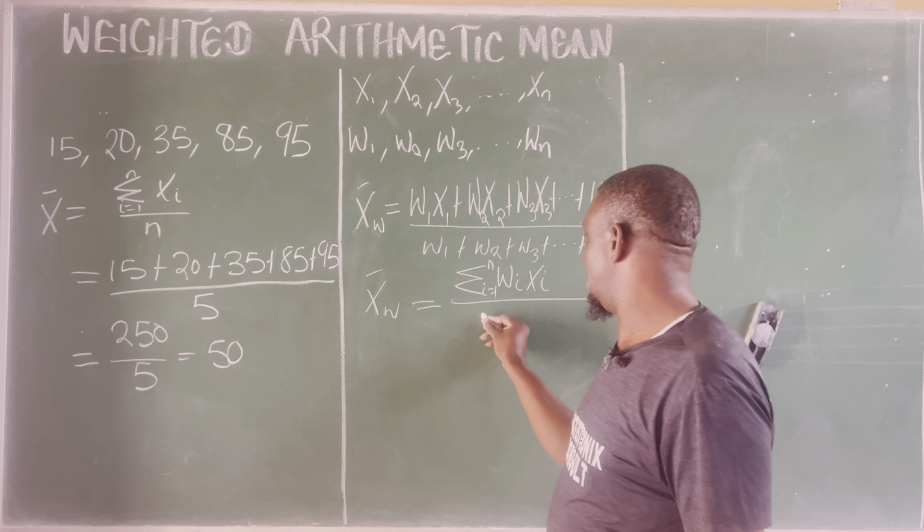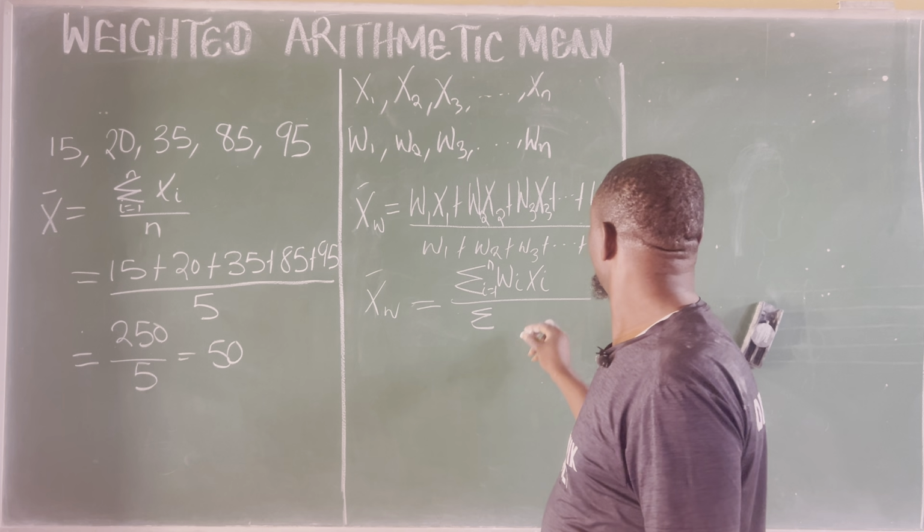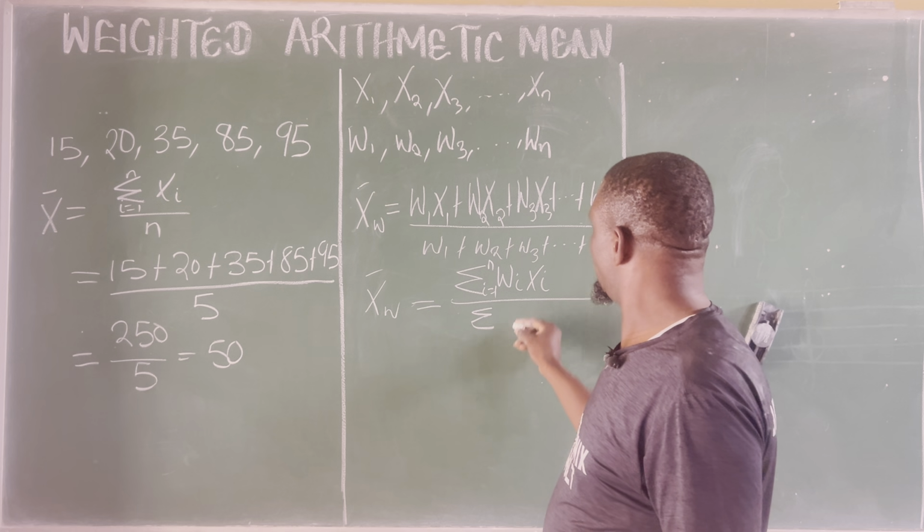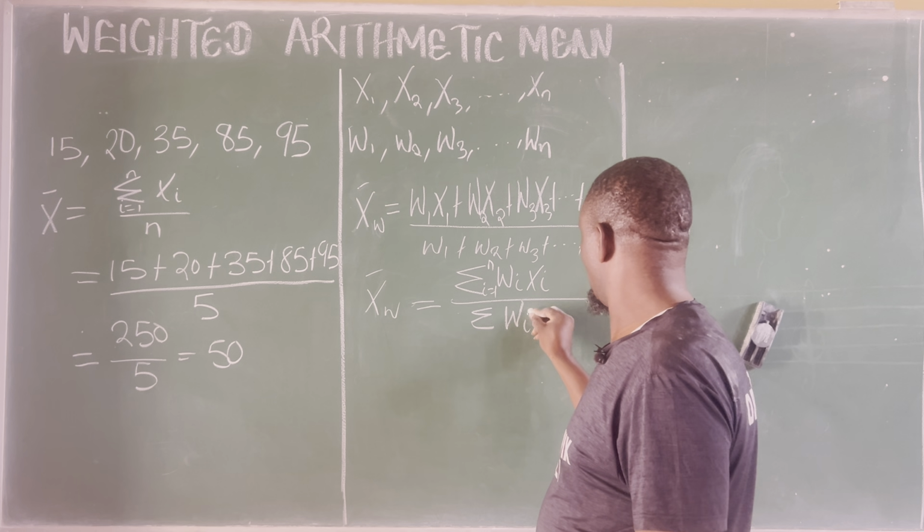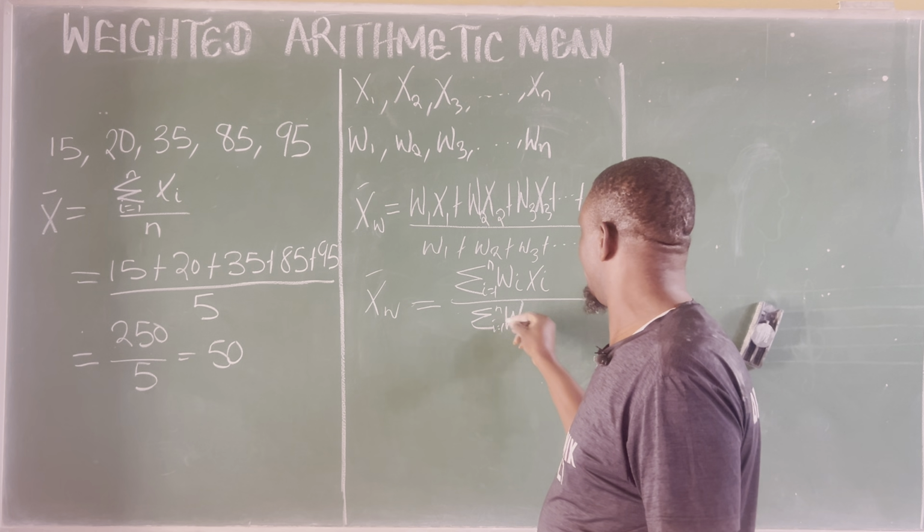All of that over the summation of our W, we have Wi also as i goes from 1 to n.